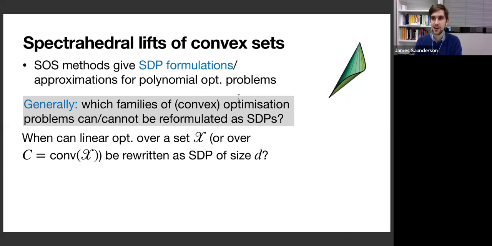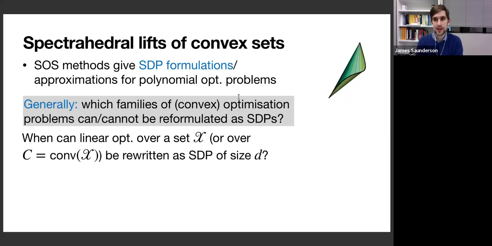So what we've seen is that our whole sum of squares toolkit gives us semi-definite programming formulations, approximations, and so on for polynomial optimization problems. But one could ask more generally, which optimization problems can you reformulate, using some crazy change of variables and new variables and so on, as semi-definite programs? So how powerful are semi-definite programs?